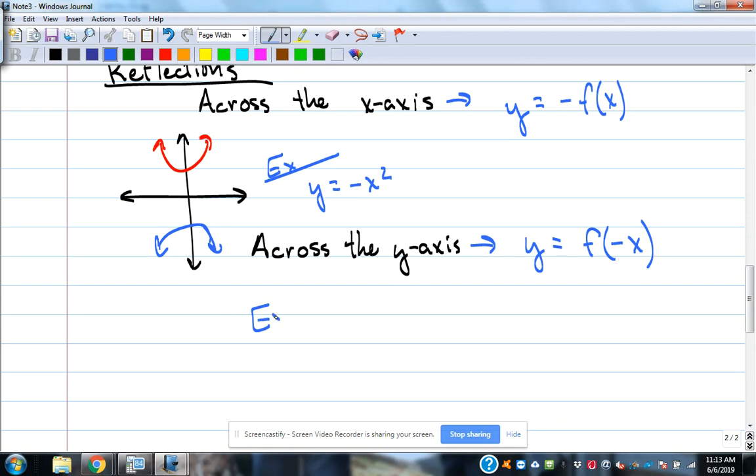You might have an example like y equals negative x cubed, with the negative on the inside. That's how you know it's a reflection across the y-axis. The x-axis is on the outside because it's a vertical movement. The y-axis is on the inside because it's a left-to-right, horizontal movement. Outsides are vertical. Insides are horizontal.